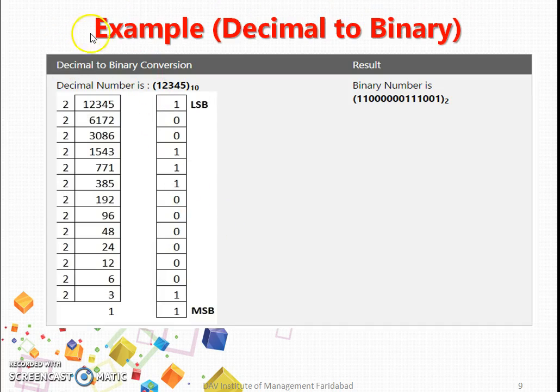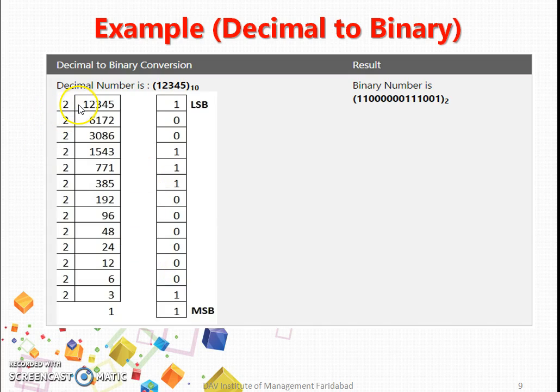This is how 12345 is the given decimal number. Divide by 2, you write the quotient here and the remainder here. When you write this quotient here and remainder here, the final solution will be from bottom to top, that is MSB to LSB. MSB stands for most significant bit and LSB stands for least significant bit.